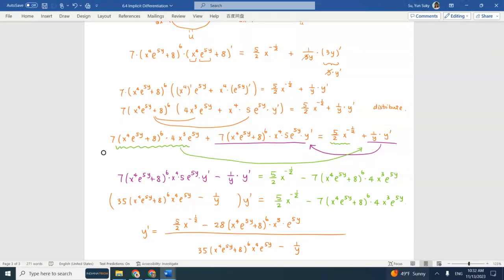And you want to move this to the right, so you get c minus a. And then you have y prime on the left hand side, you can factor. And then your y prime is your both sides divided by b minus d. Yes, so if I just use a, b, c, d, is this more obvious to you? Yeah? But this complicated term, just view it as a, b, c. Okay?